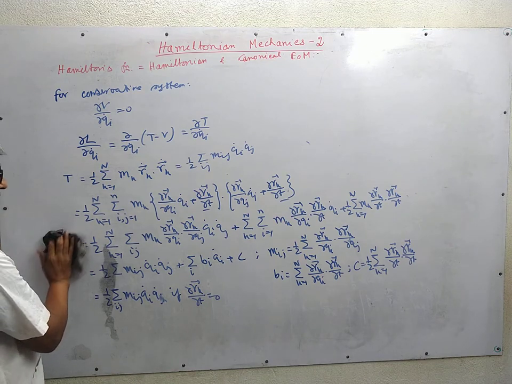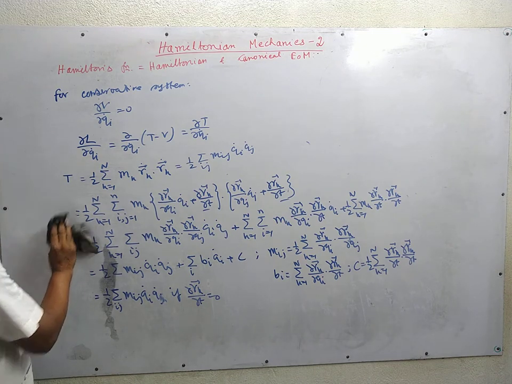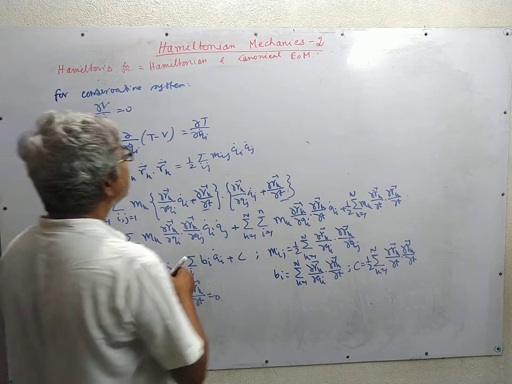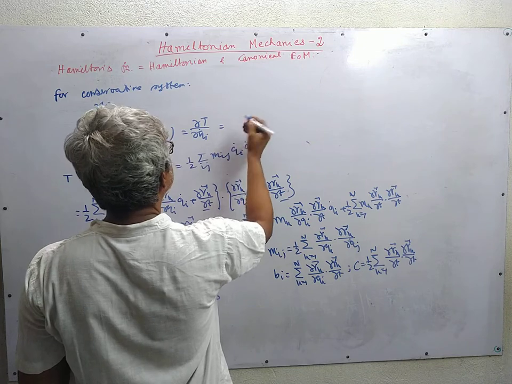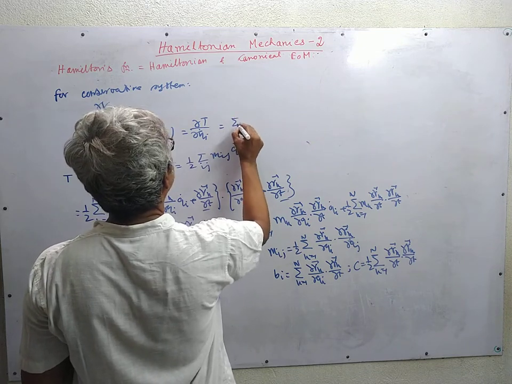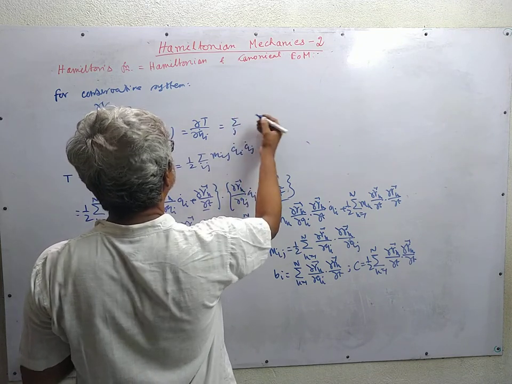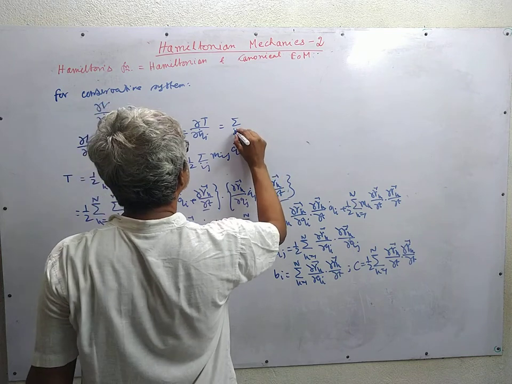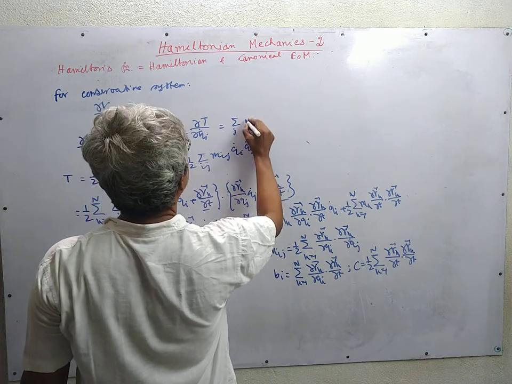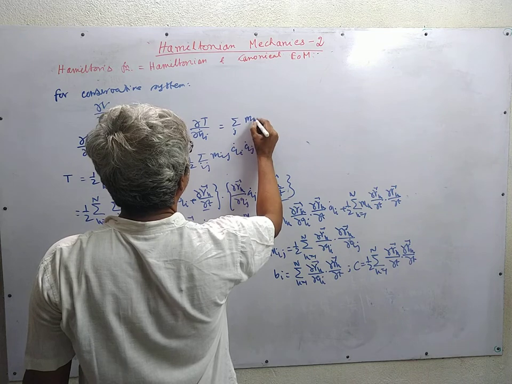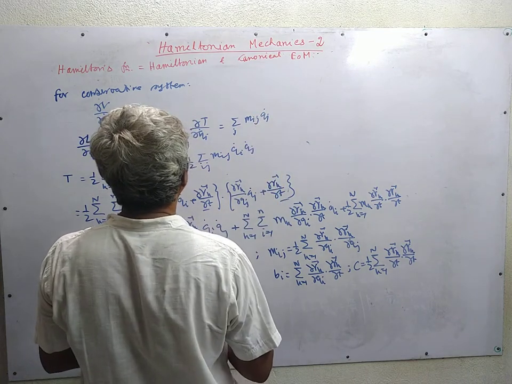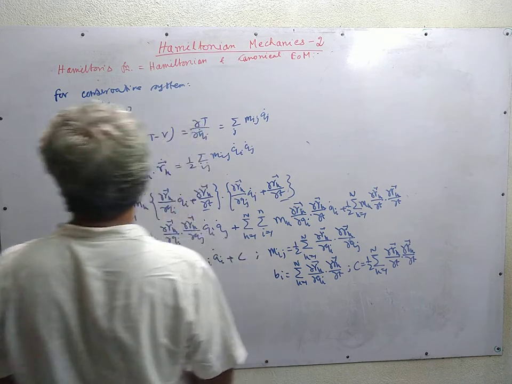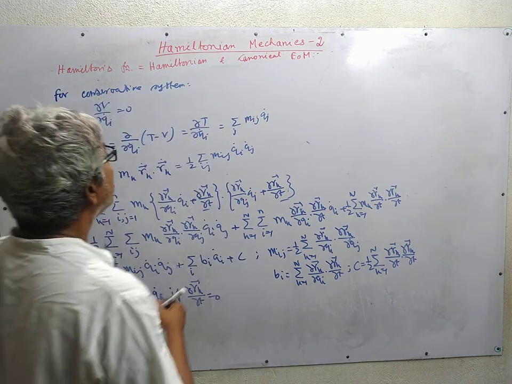So now returning back, this becomes summation over j Mij Qj dot.